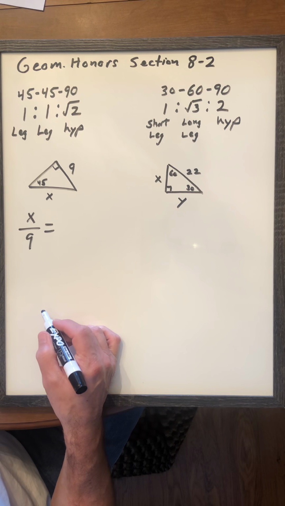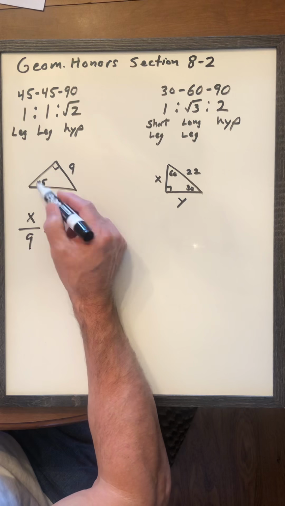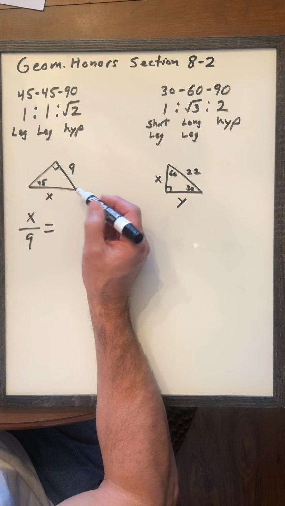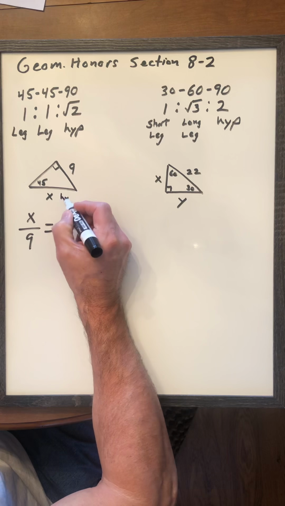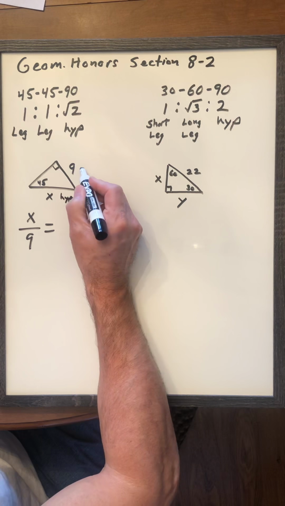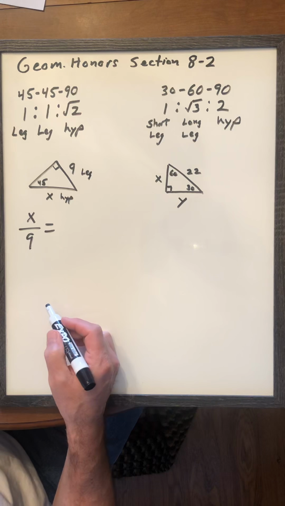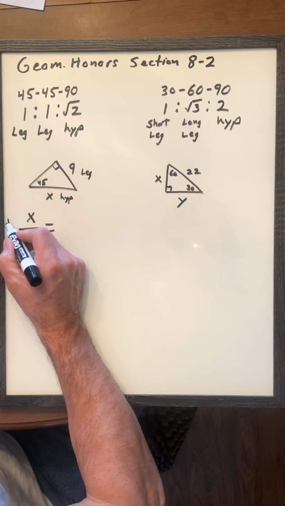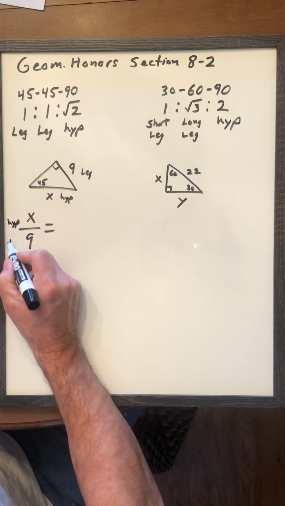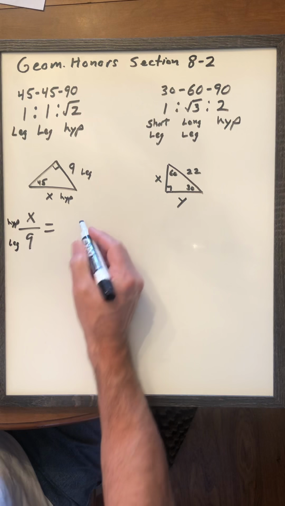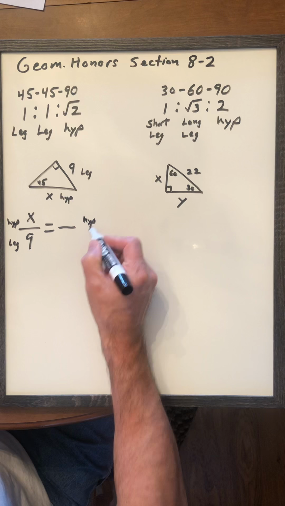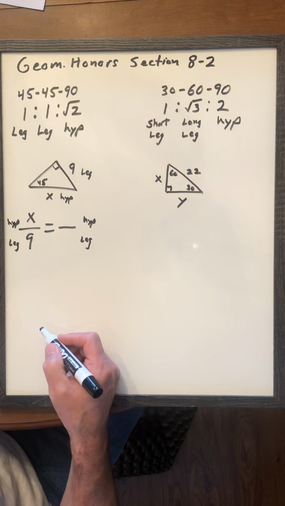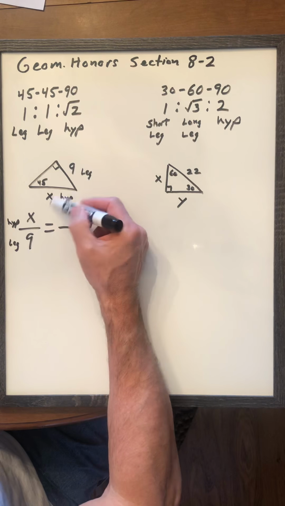Now, in our proportion, you've got to know the sides. I know that the side opposite the right angle is the hypotenuse, and that means this is a leg. So what I have is hypotenuse over leg, and that means on this side I need to put hypotenuse over leg. This one came from the diagram.